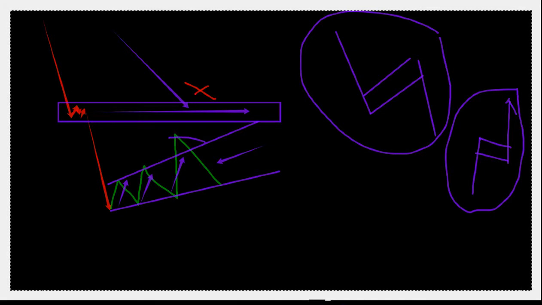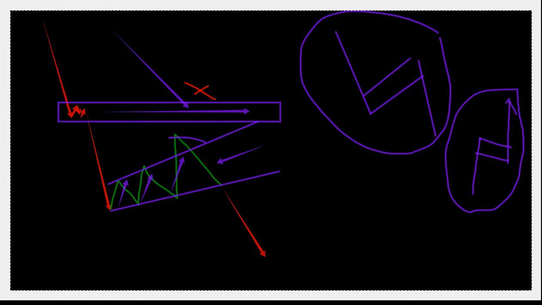And actually, what we're looking for is for the flag to break down, right? And I think a little bit of this discussion and a little bit of this presentation is actually going to be loaded because of one of the charts which I'm going to show you, which seems to be actually playing out right now. And I'm going to discuss some of the nuances, but the main issue is that we're actually looking for the price to break down from that flag, and we're looking for a continuation trade out of it.